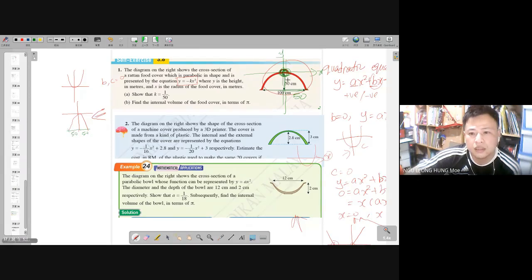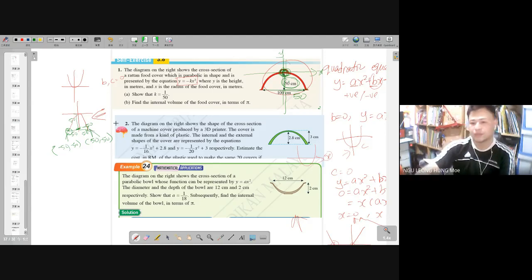And if this one is 50 cm, then this one is negative 50. So the coordinates for this and this one will be 50, negative 50. And this one will be negative 50, negative 50. The coordinates for this one and this one. Understand? If yes, reply me W. If not, reply me Q.